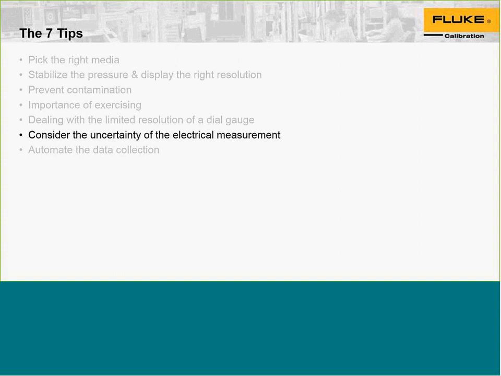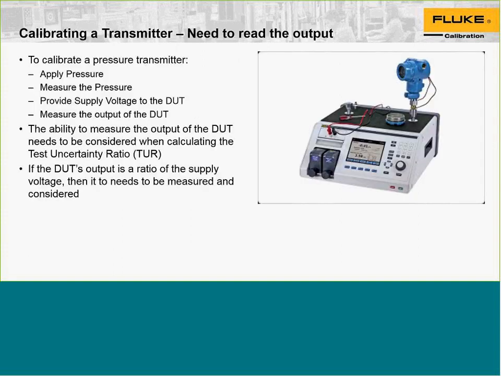We'll switch from some tips that are specific for dial gauges to talking about the calibration of pressure transmitters. A transmitter, as connected to our 2271A, would be a device that will measure pressure that's been applied to it and output some sort of electrical signal.